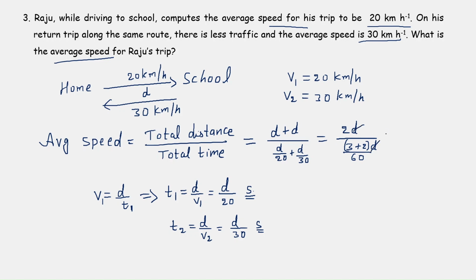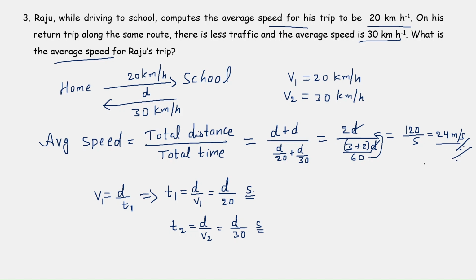So d will get cancelled. Here you are going to have 2d by d times 5 by 60, which is 120 by 5, nothing but 24 meter per second. Okay, 60 will go to the numerator, and 3 plus 2 is 5. So 120 by 5, 24 meter per second.